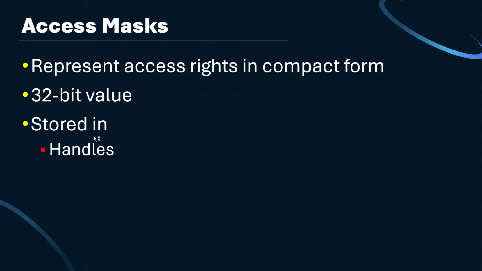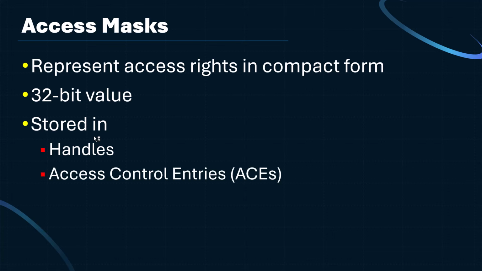If that works, then that access mask will be stored in the handle as part of the handle, which means that even if I have multiple handles that point to the same object, not all handles are the same. Some handles are more powerful than others, depending on the access mask that was used to open that handle.